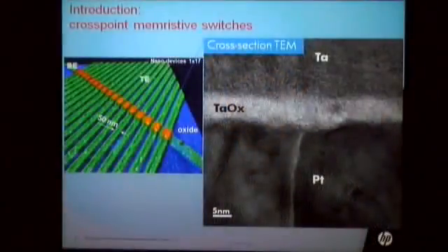Here you are looking at 17 cross-point devices. At each cross-point there is one memristive device, and the cross-section of the device looks like this. You have the bottom metal electrode and the top metal electrode. In the middle, you have an oxide material. The oxide material itself is a wide bandgap semiconductor.